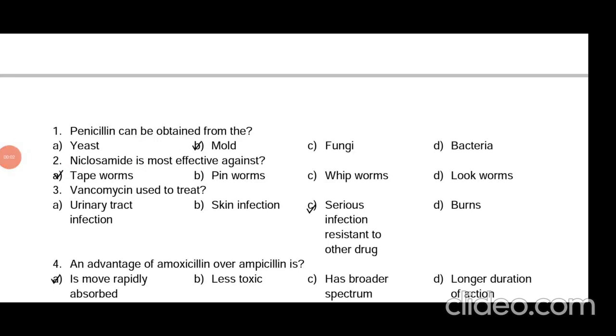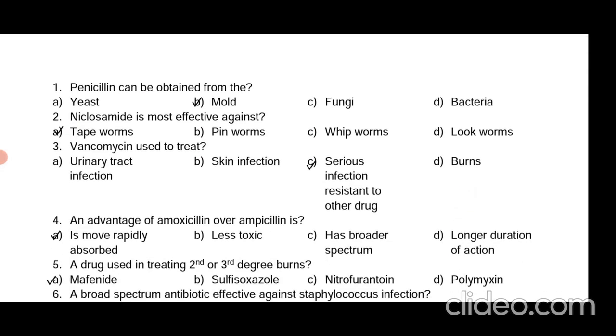Penicillin can be obtained from mold. Nicotinamide is most effective against tapeworms. Vancomycin is used to treat serious infection resistant to other drugs. An advantage of amoxicillin over ampicillin is that it is more rapidly absorbed.